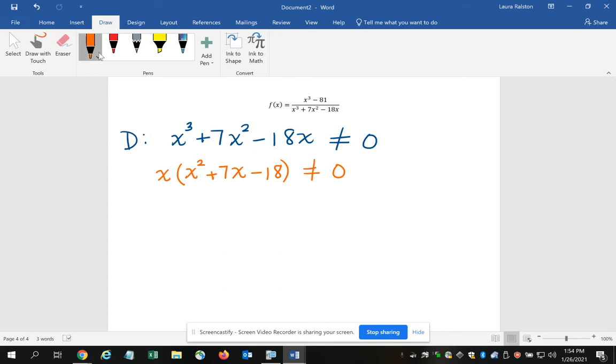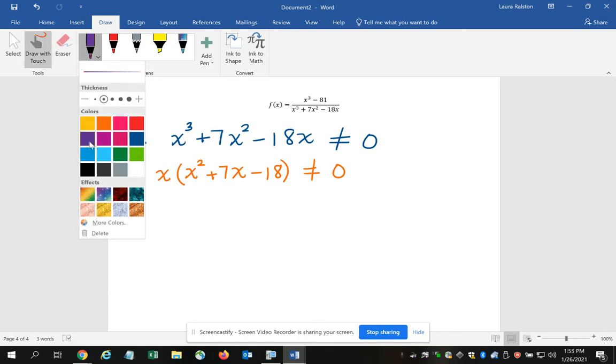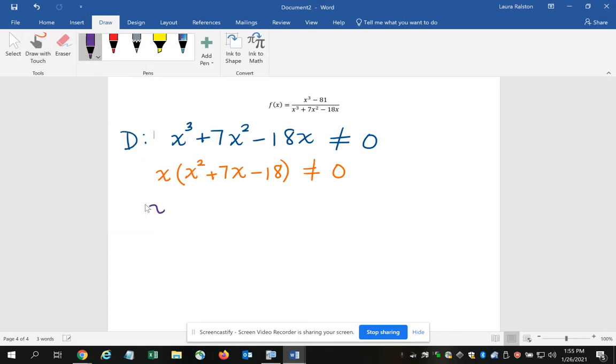Then I'm going to try to factor the quadratic. So I'm going to break it down. I have x and x, and I need a pair of numbers that multiply to 18 and subtract to 7. That would be 2 and 9, a positive 9 and a minus 2.